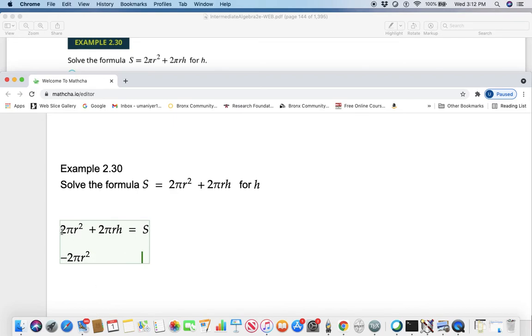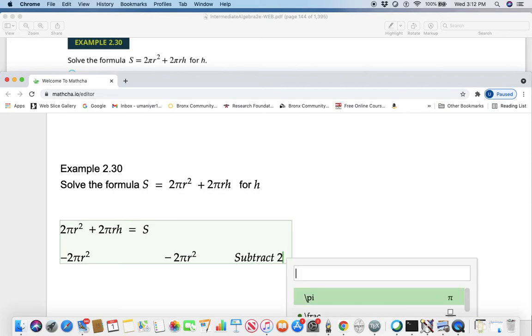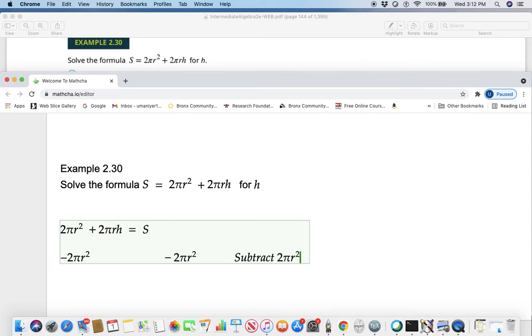That's a positive coefficient, so I'm subtracting. But when I subtract, I must subtract from the left of the equation as well as from the right. So we subtract 2 pi r squared from both sides.